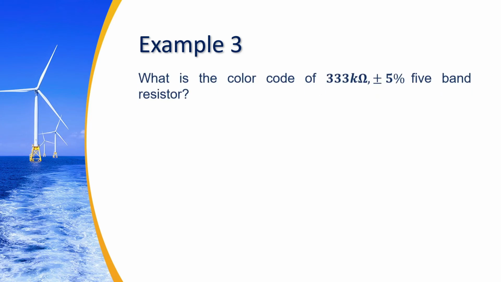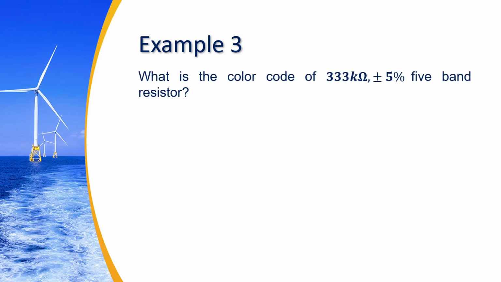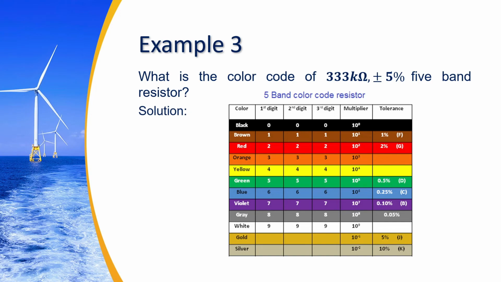Next. So what is the color code of 333 kilo ohm with plus or minus 5% na tolerance, 5-band resistor. So, since sa 5-band resistor siya, ito yung gagamitin nating color code table. Okay. So, sabi, meron tayong 333 kilo.